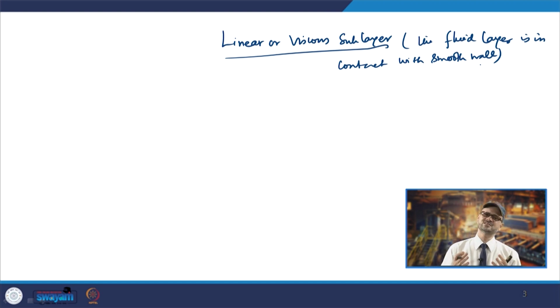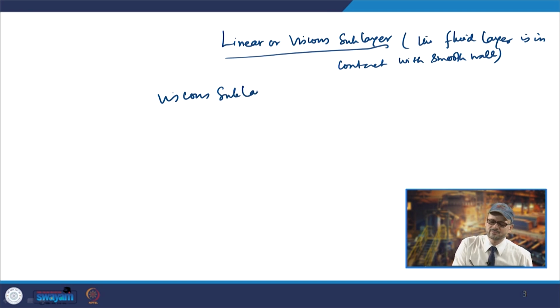Now, the viscous sublayer is very thin. Being very thin, it is confined to y plus values less than 5.